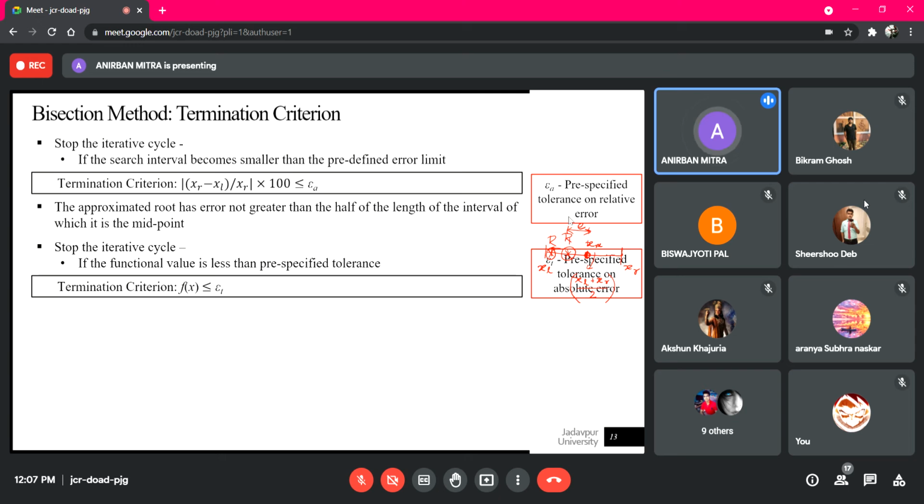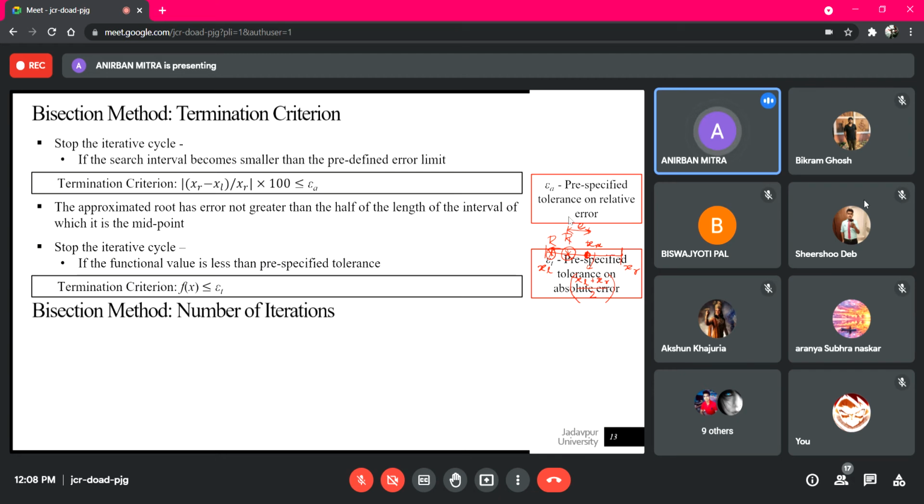And on the right hand side, although obscured by the previous explanation, we have the definition for epsilon t, which is known as the pre-specified tolerance on absolute error. So epsilon A and epsilon t are quite different, and they are applied to two different parameters. One is for the relative approximate error, the other is applied to the functional value itself. So both are appropriate termination criteria.